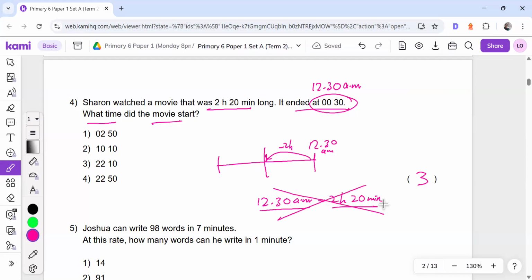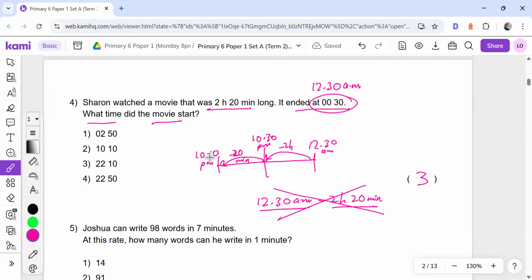So if you do that, you have to change already. So how do you get the answer? You draw a timeline, and then you will get 10:30 PM. So from midnight, you come backwards, there'll be nighttime. Then you jump back another 20 minutes. So that'll be 10:10 PM.